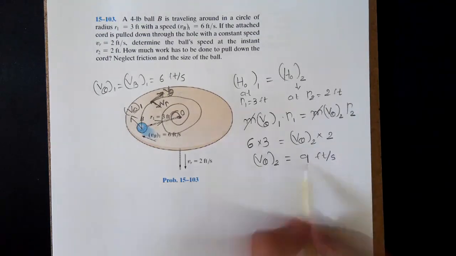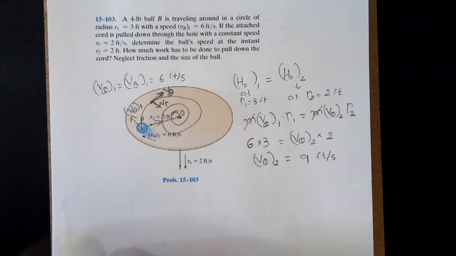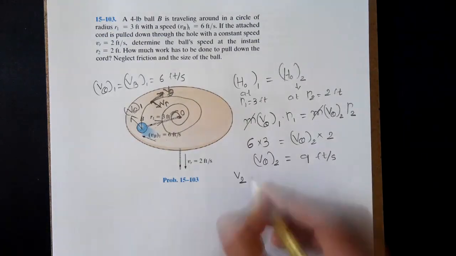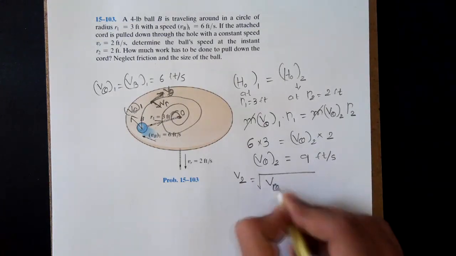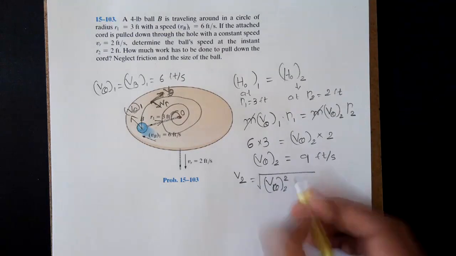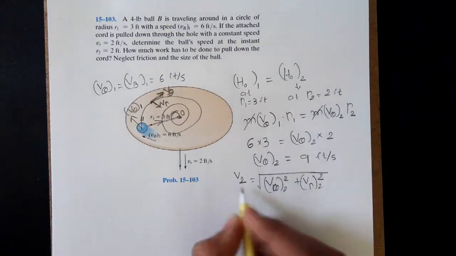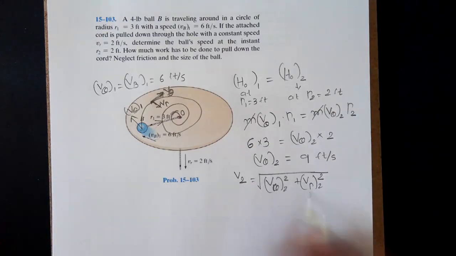This is only the tangential component of the velocity when the cord is 2 feet long. So the absolute velocity v2 at that time is the square root of v theta 2 square plus vr2 square, because absolute velocity has both theta component and radial component.